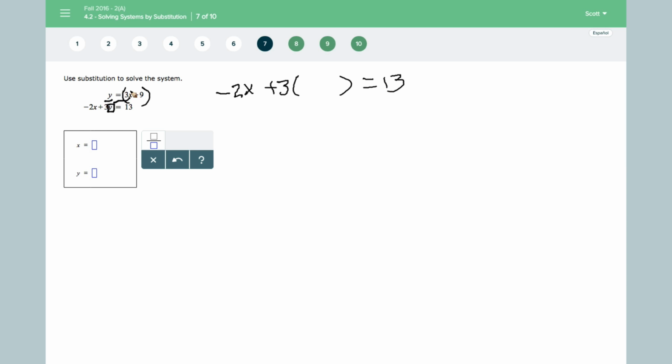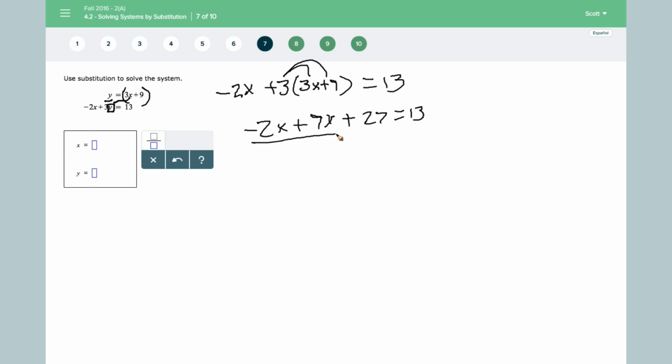What is y? Y is 3x plus 9. Just like that. Now I'm going to distribute: negative 2x plus 9x plus 27 equals 13.